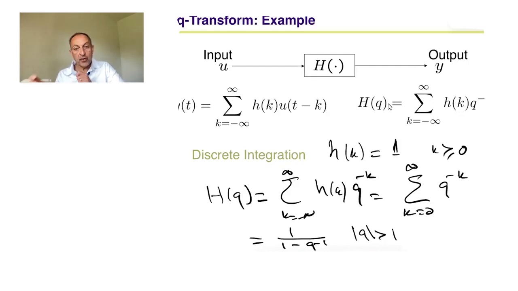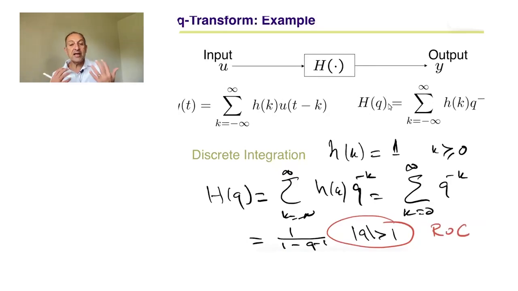Okay, so when the amplitude of q is greater than 1, this summation is well defined, because when the amplitude of q is greater than 1, this quantity is actually a decaying exponential, and so the summation is finite. If the amplitude of q is less than 1, this is a growing exponential and it's not defined. This is called the region of convergence for the complex valued function h of q.